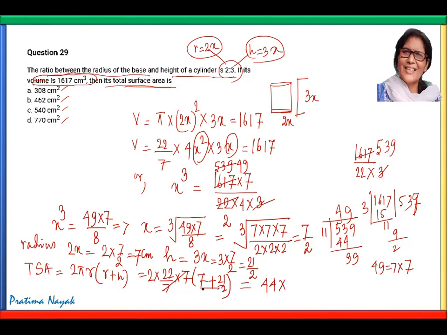Simplify this. 2 will be LCM. 2 7s are 14. 14 plus 21 is 35 by 2. Now cancel 44 with 22. Multiply 35 into 22. How much will be the answer? The answer will be 770. So 770 centimeter square is the answer. Where is it? D is the answer. So D is the answer.